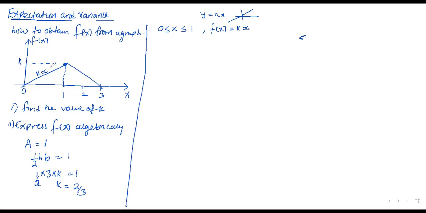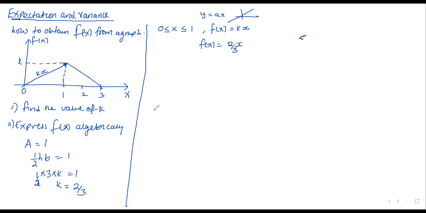Okay? So if it is kx, when you substitute k, f of x is equal to 2 over 3 x.